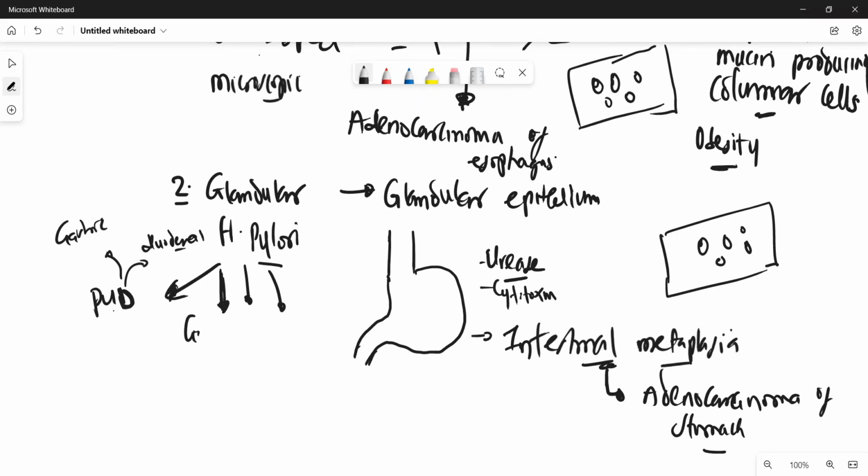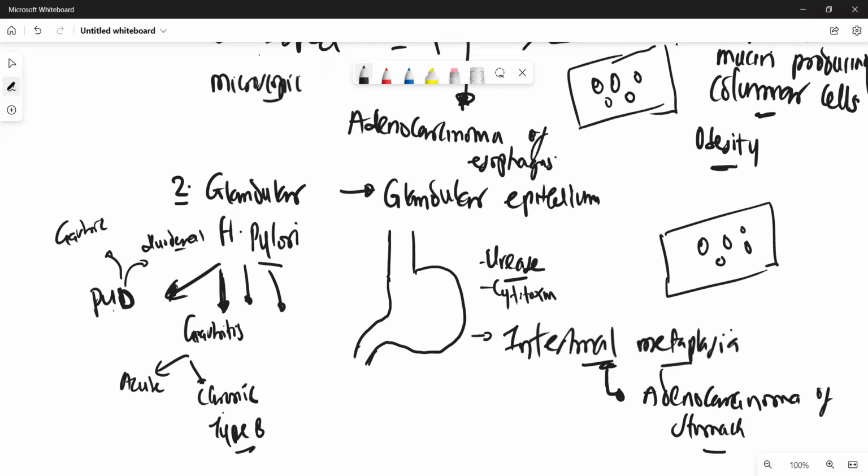Very good, gastritis, which could be acute or chronic. And the chronic is usually type B, because type A is usually the autoimmune one that is associated with pernicious anemia.